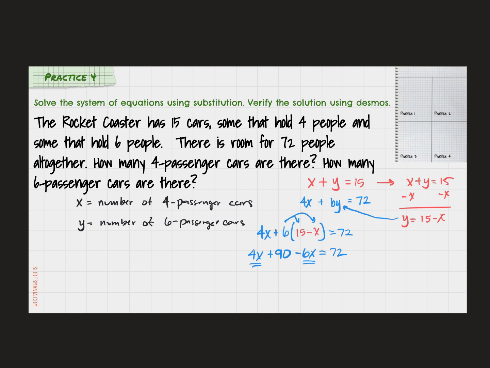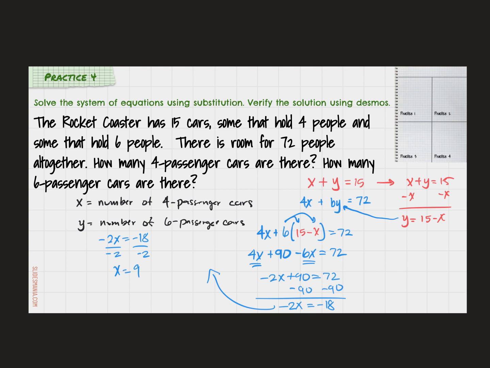Combine these two and I get negative 2X plus 90 is equal to 72. Take away 90, and I get negative 2X is equal to negative 18. Divide both sides by negative 2, and I have X is equal to 9.